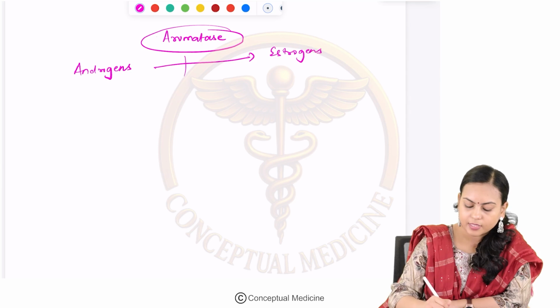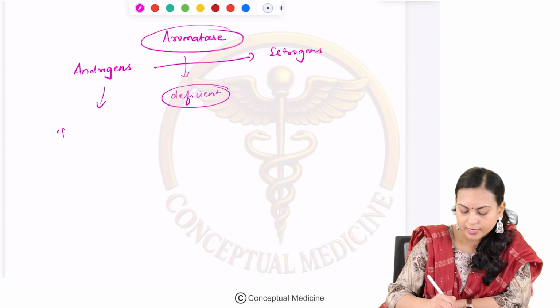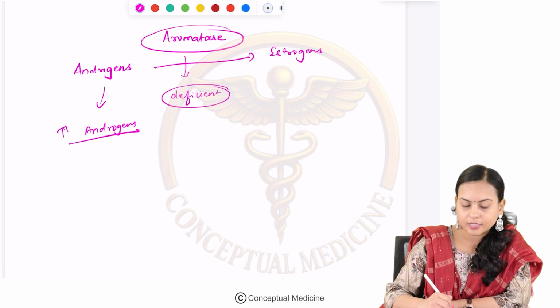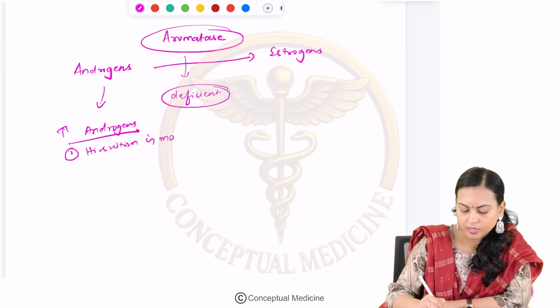When this aromatase enzyme is deficient, this leads to increased androgens in the mother, which can affect the baby also. So, basically there can be hirsutism in the mother and ambiguous genitalia in the fetus.